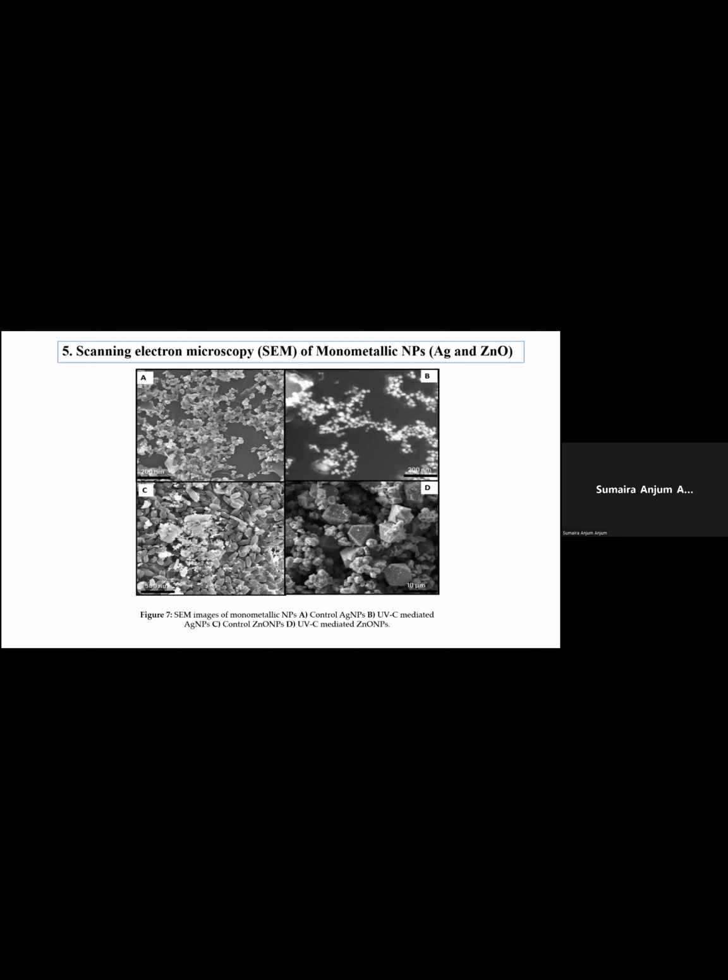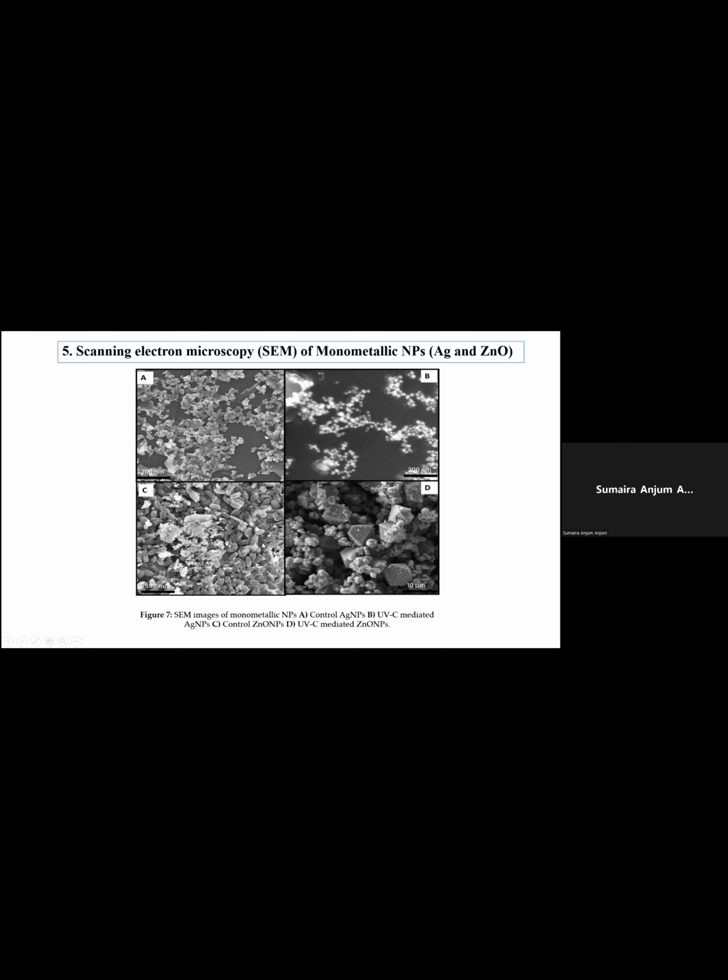In the case of the control, there were almost irregular triangular-shaped silver nanoparticles, while UVC light, which has low intensity and low wavelength, has changed the physiognomy of the control nanoparticles into mostly dispersed, non-agglomerated, spherical silver nanoparticles.